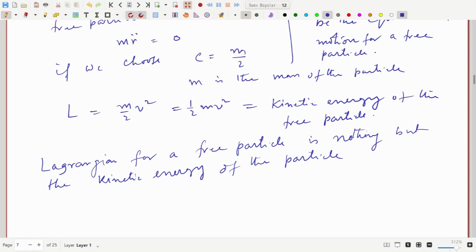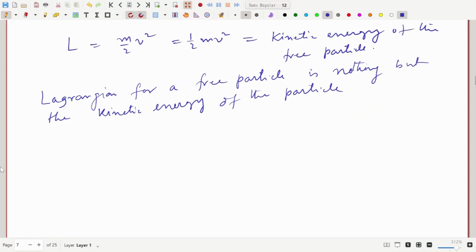Okay. So we arrived at a very important result, that the Lagrangian of a free particle is nothing but the kinetic energy of the particle. So what about the particle which is not free?